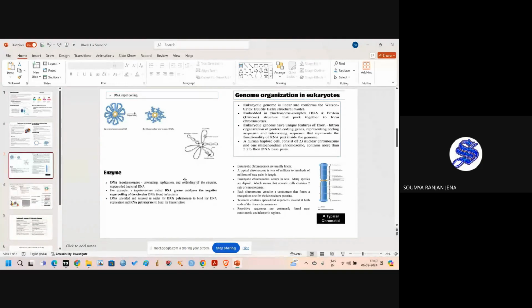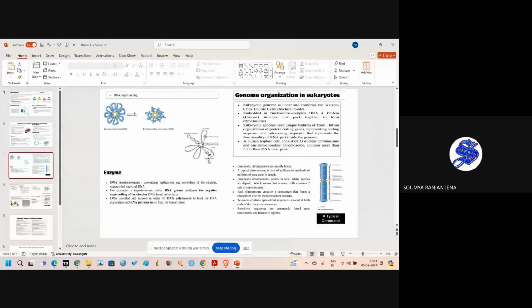Then we go to rewinding. Rewinding means after unwinding, after DNA replication, rewinding occurs to form this supercoiled and looped DNA. For example, a topoisomerase called DNA gyrase catalyzes negative supercoiling of the circular DNA found in bacteria, and this DNA is uncoiled and relaxed in order for DNA polymerase to bind for DNA replication and RNA polymerase to bind for transcription.